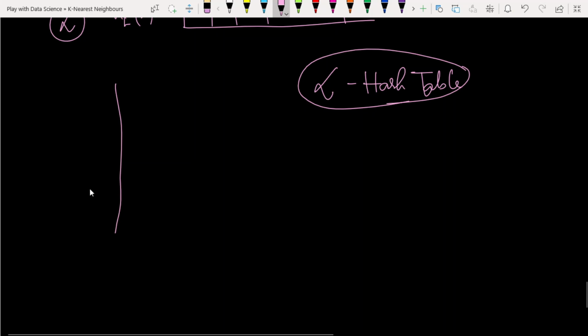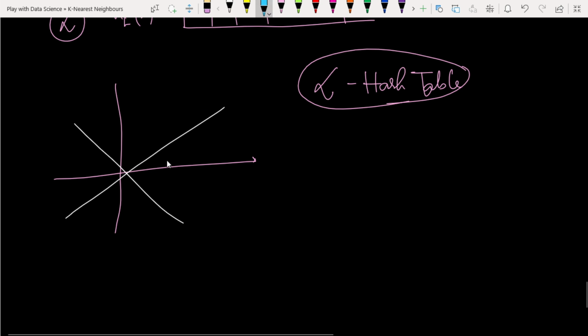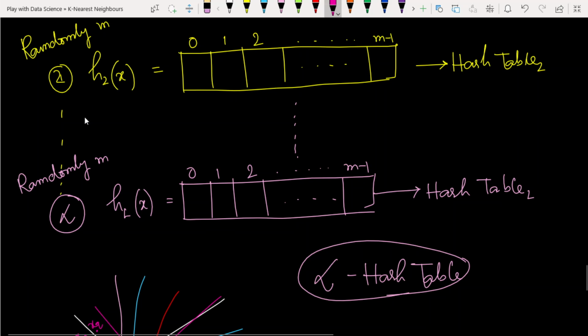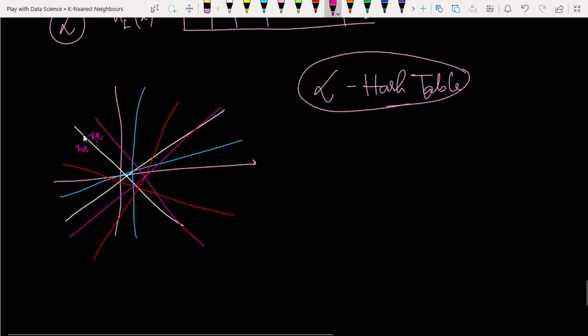Suppose first this is our hyperplane. In the next step I consider another hyperplane, then in the next step this kind of hyperplane, and in the next step this hyperplane. If our xq point is here and x20 point is here, then in one of these randomized trials these 2 points will lie on the same chunk.